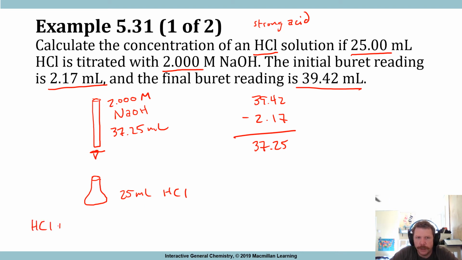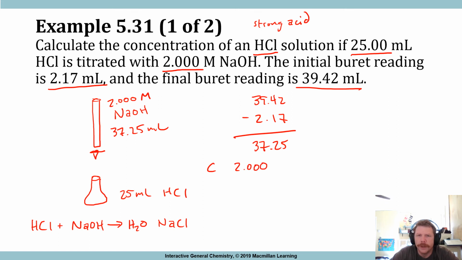HCl plus NaOH yields H2O and NaCl. Looking at this, 1 mole of HCl reacts with 1 mole of sodium hydroxide to produce 1 mole of H2O.